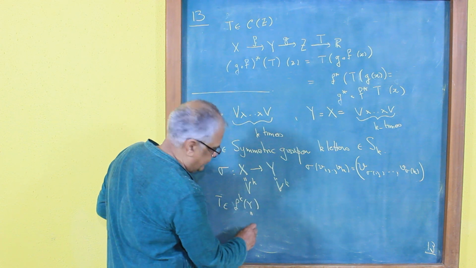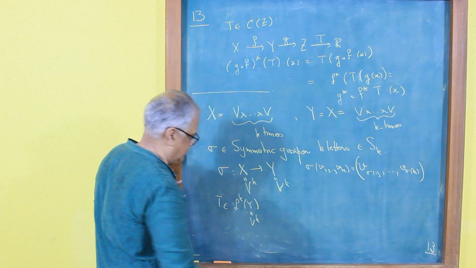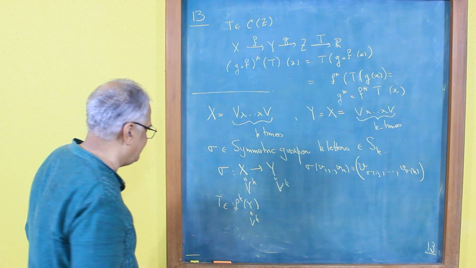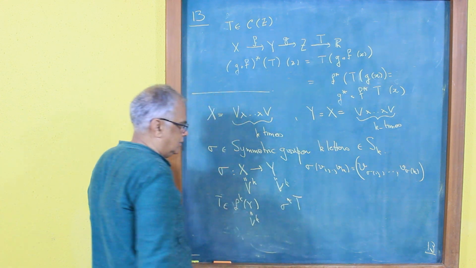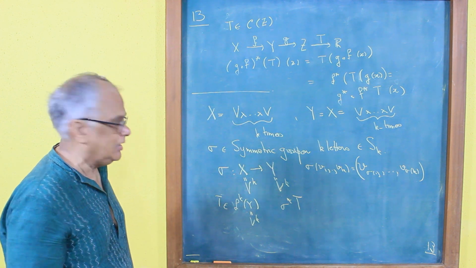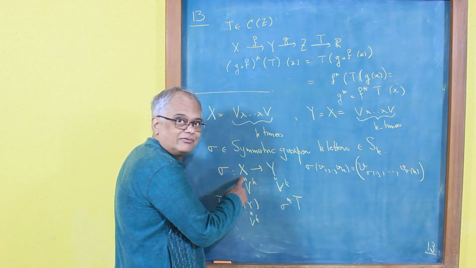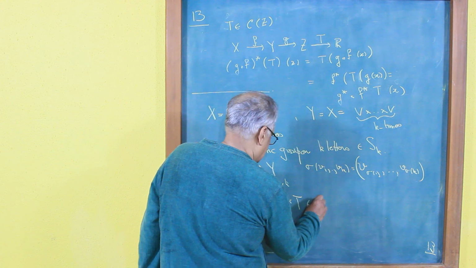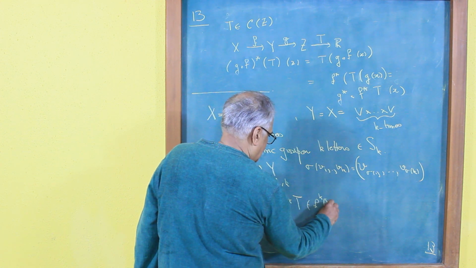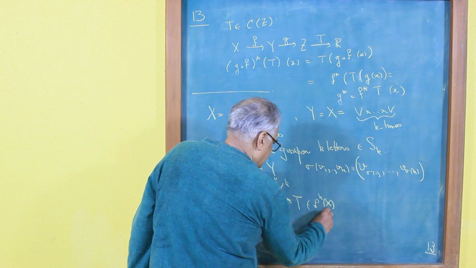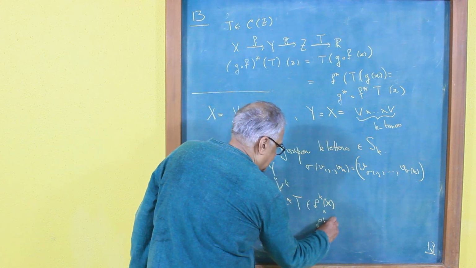Remember, y itself is V^k. And I want to define sigma star t. Where will sigma star t be? It should be in L_k of this x, which is also L_k(V).